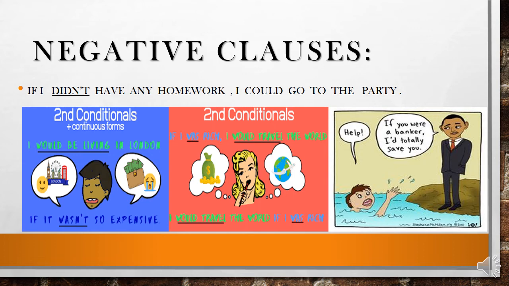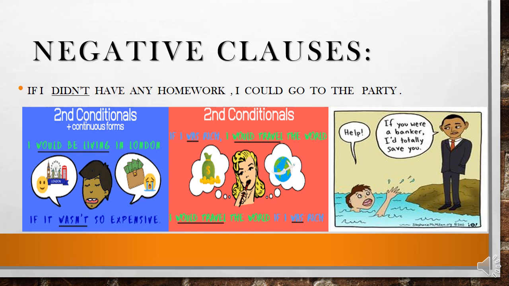So I would be living. Why is living used here? Because after be we have to use ing with the verb. If you use the past participle form after be, you will be in trouble. So in this case, if you are going to use be after would, you have to add ing.